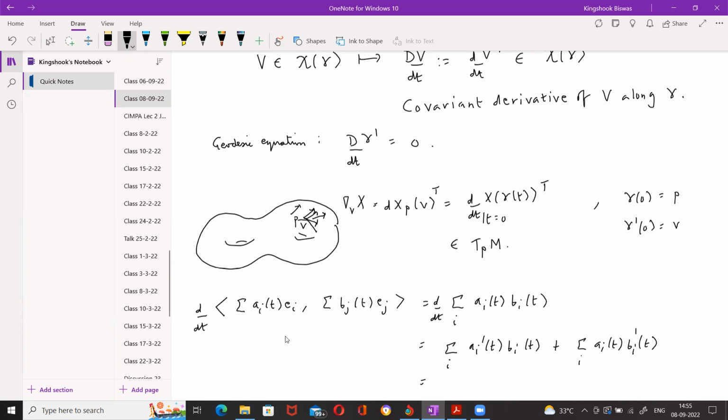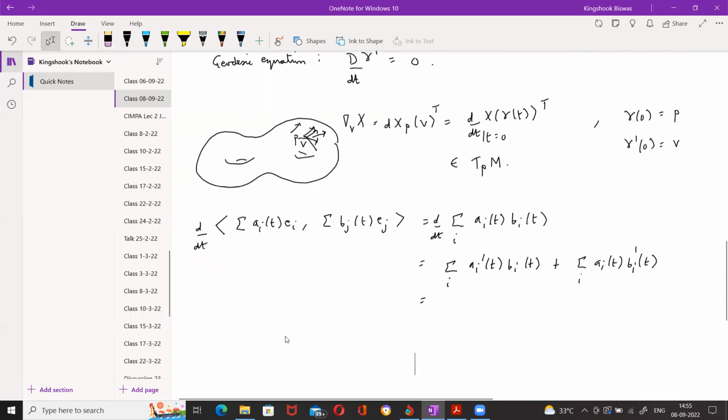And the first term is equal to the inner product of d/dt of summation a_i e_i with summation b_i e_i, plus the second term, which is the inner product of summation a_i e_i with d/dt of summation b_i e_i. Is this clear?